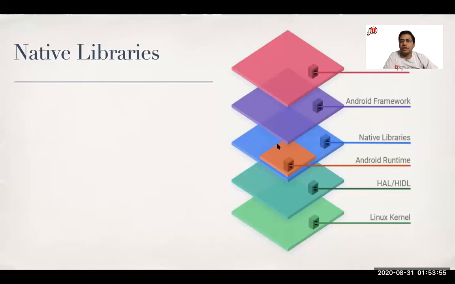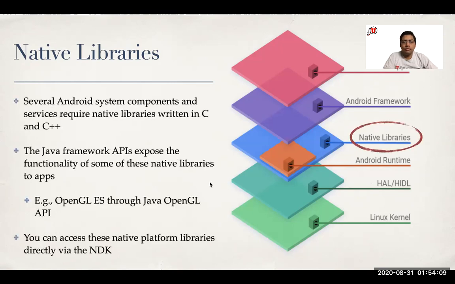Okay, so the next layer on the Android architecture stack above Android runtime, which we just discussed, is the layer of native libraries. So what we have in native libraries is the libraries that are written in C and C++ or several lower level native operations, right?